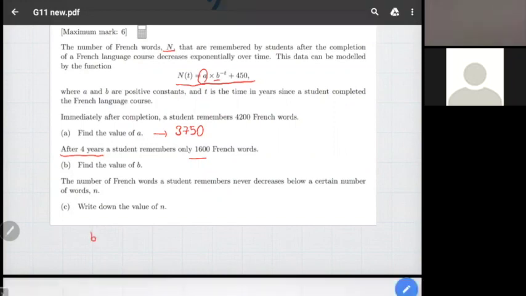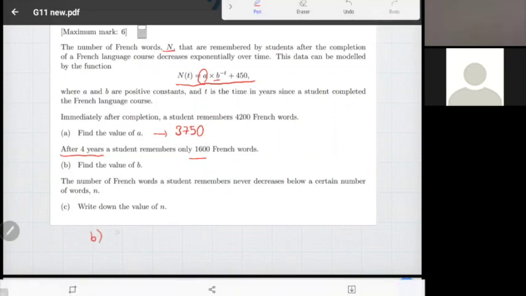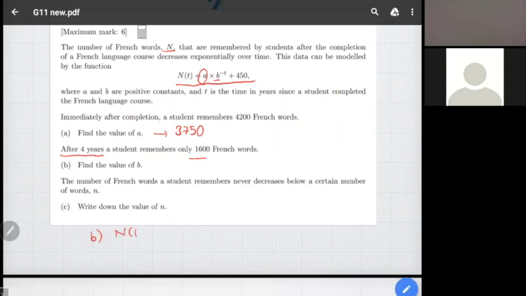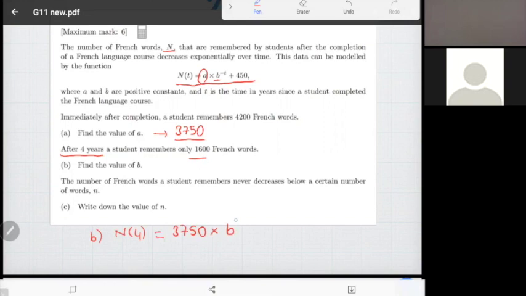Okay, so part B. N of 4 is equal to A. What is A? We already calculated it here: 3,750 times b. Still we don't know b. And power negative t.